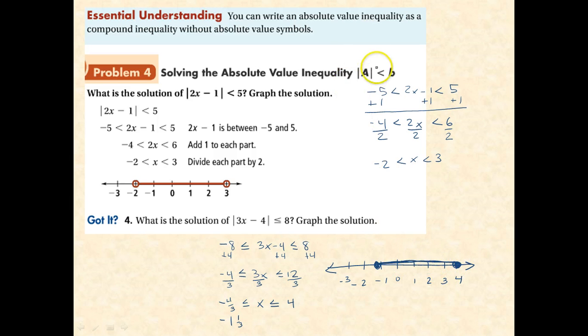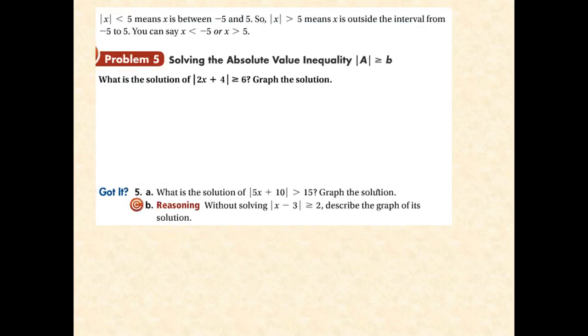So this is how you do it when the absolute value is less than a number, meaning that our solutions are less than a certain distance away from 0. So then what does it mean when we have absolute value greater than 5?